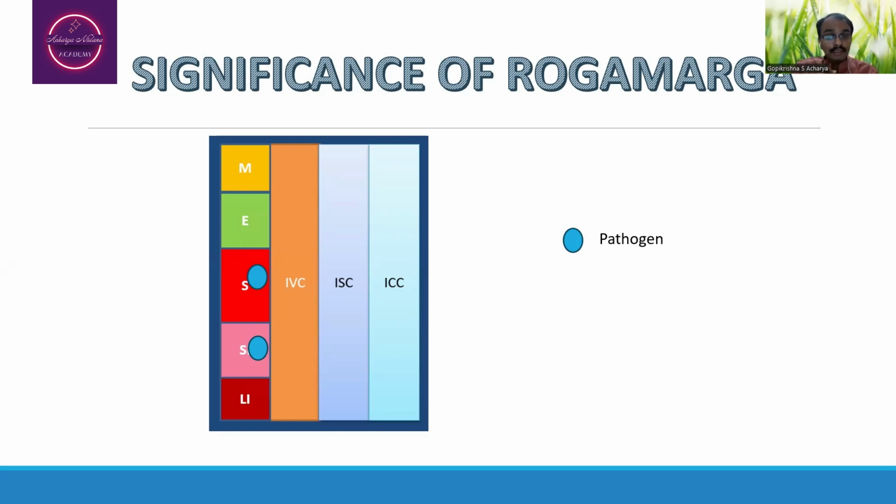Initially, if the pathogens are present in the stomach, then they have to be eliminated via the mouth. If they are present in the small intestine, they have to be eliminated via the anus in the form of virechana. Suppose the pathogens are present even in the large intestine also, in that situation much more vigorous treatment is required than on the earlier 2 occasions.